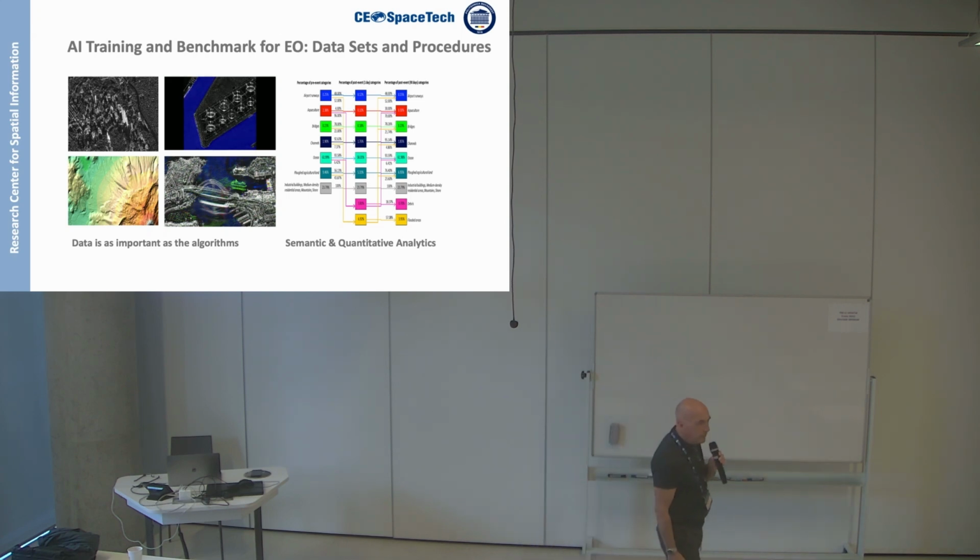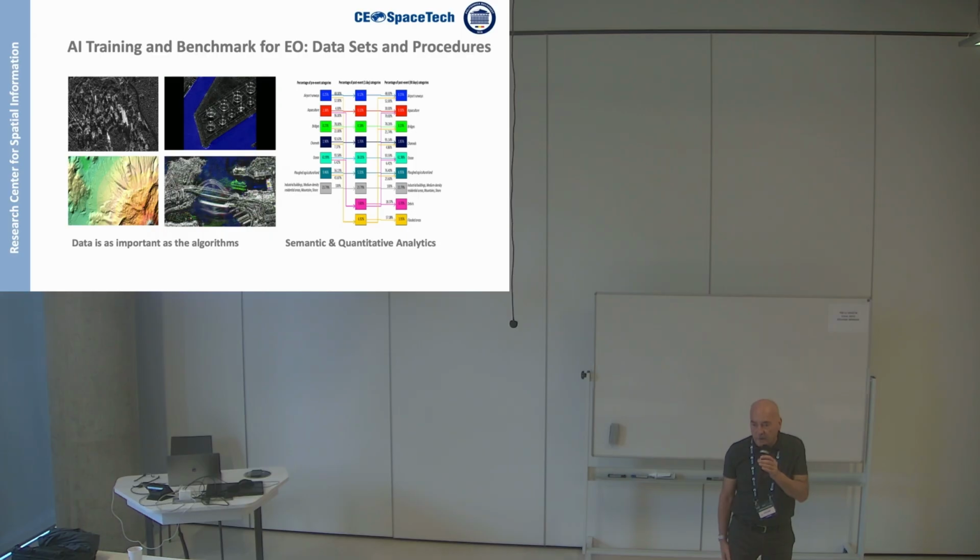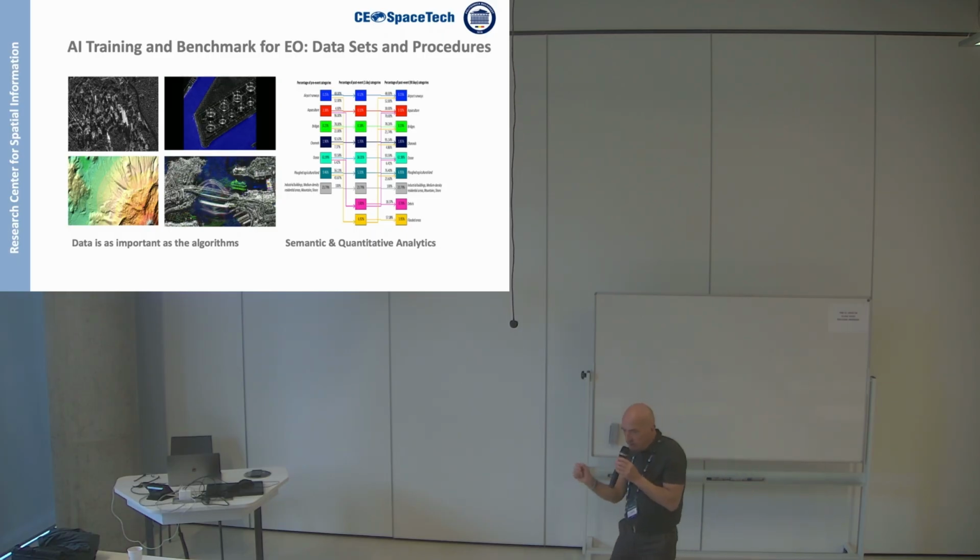For training, we need training data sets, and for the validation of the algorithm, we need benchmarks. In computer vision, we now have databases with tens of millions of pictures that have been annotated. This annotation is done by crowdsourcing. There are 1 million people who annotate objects in pictures.